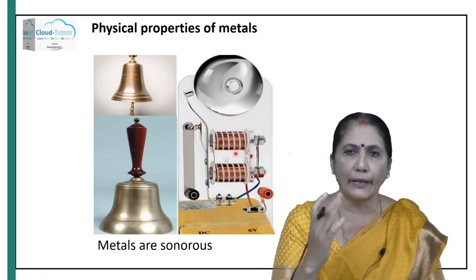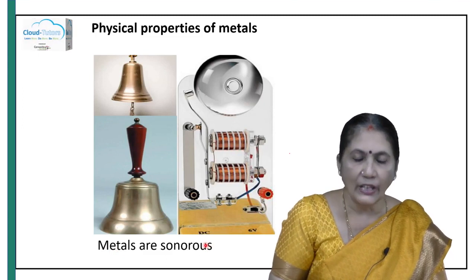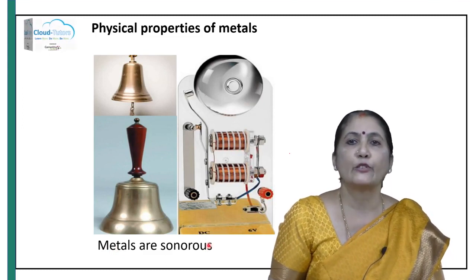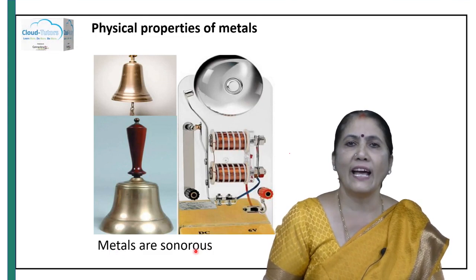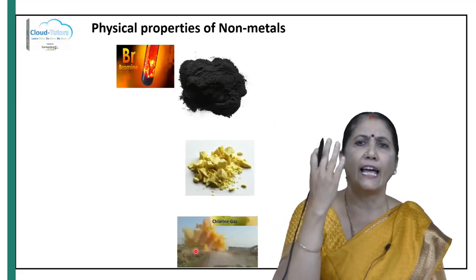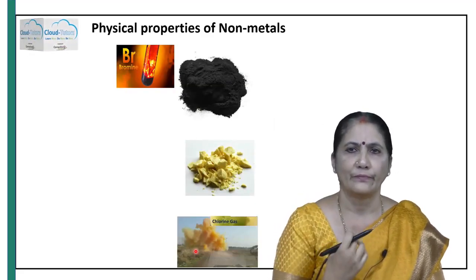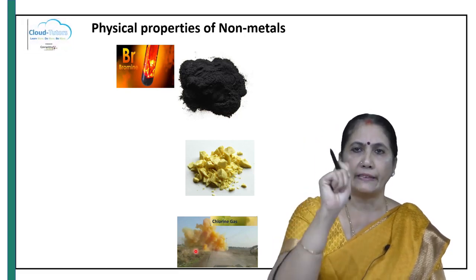It is only because metals have this property which is known as sonorous property. What is it known as? It is known as sonorous property. You will always get a metallic ringing sound when they are being banged.